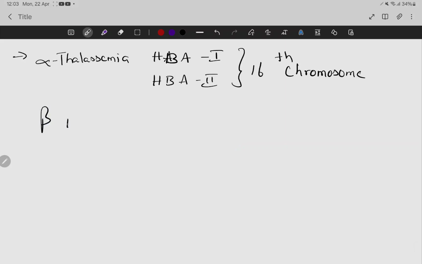And beta thalassemia, HBB on 11th chromosome.